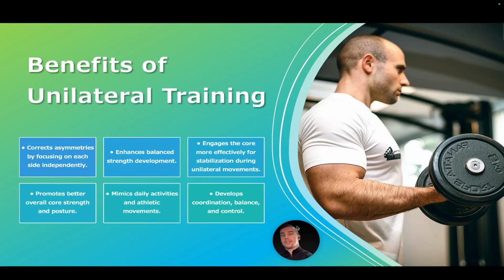So let's move on to unilateral training. We talked about bilateral, which of course is focusing on both sides of the body being engaged in order to perform the workout. Unilateral training is the direct opposite, where we're focusing on targeting one side of the body.